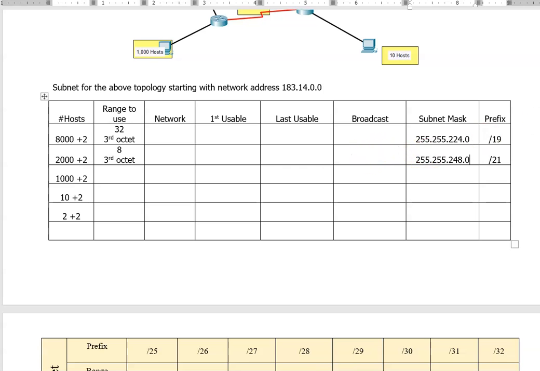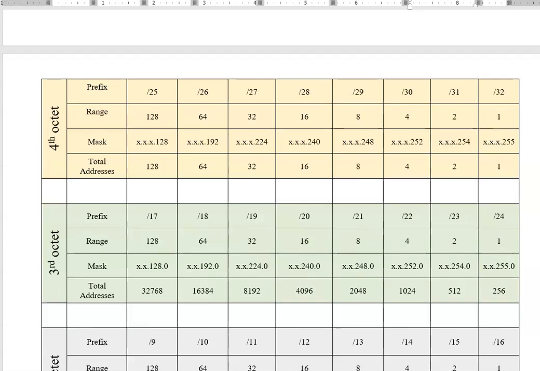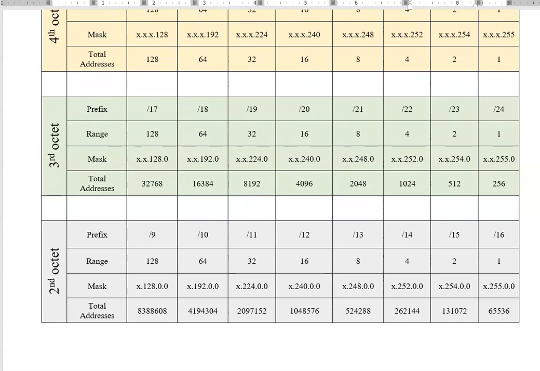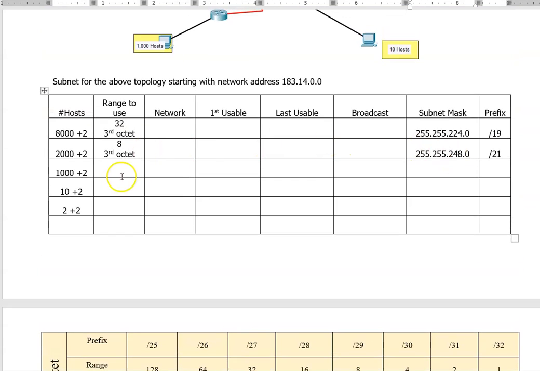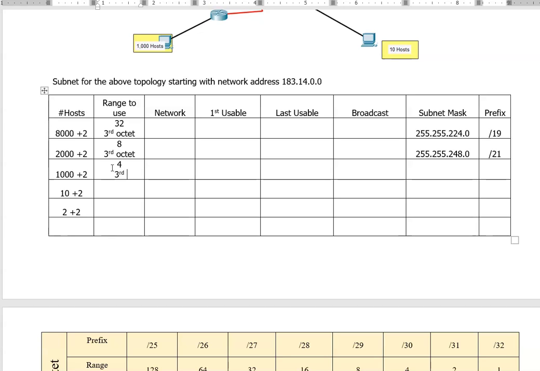For 1,000 hosts, add 2 and see that 1,024 would be right, so a range of 4 in the third octet. That borrows 6 bits in the third octet for a prefix of 22 and a subnet mask of 255.255.252.0.